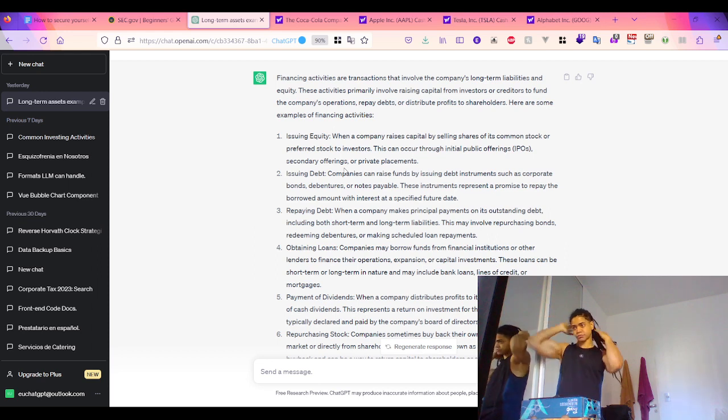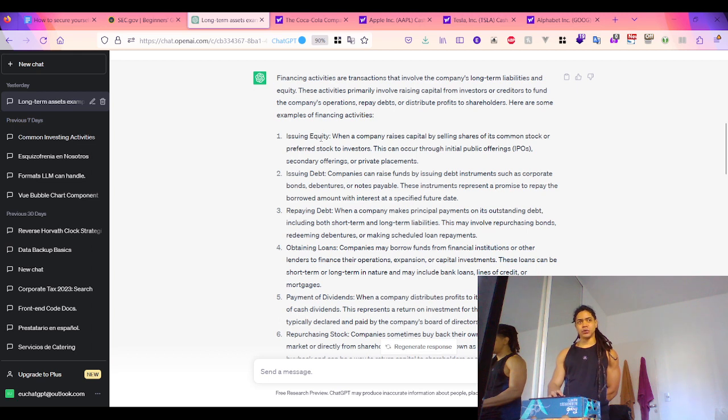Issuing equity. So when a company raises capital by selling shares of its common stock or preferred stock to investors, this can occur through initial public offerings, IPOs, secondary offerings or private placement. Issuing equity is a financing activity, as the name suggests, involving the company's long-term liabilities and equity.